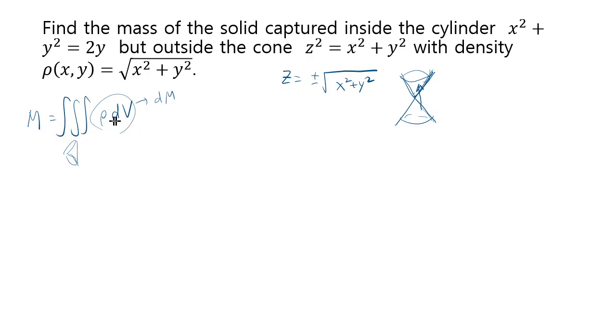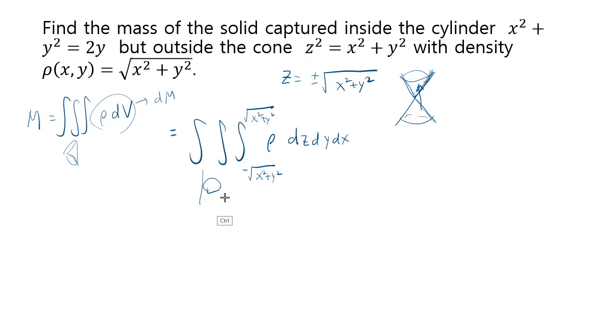So that's what we're trying to do, and therefore we are integrating rho dz dy dx, and your z goes from negative square root of x squared plus y squared to positive square root of x squared plus y squared. And once you're done with this, you end up with this circular region.